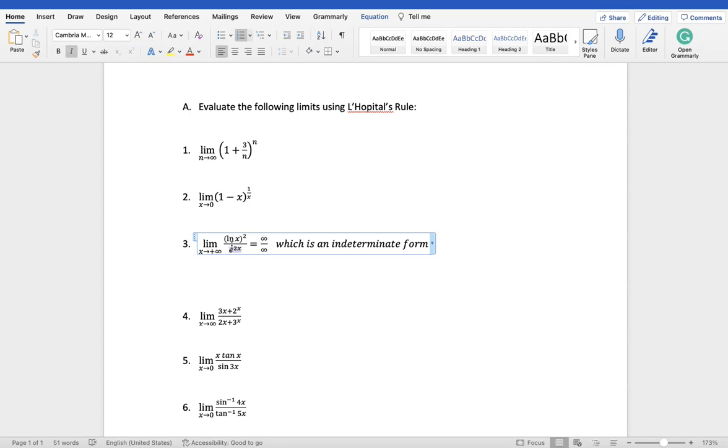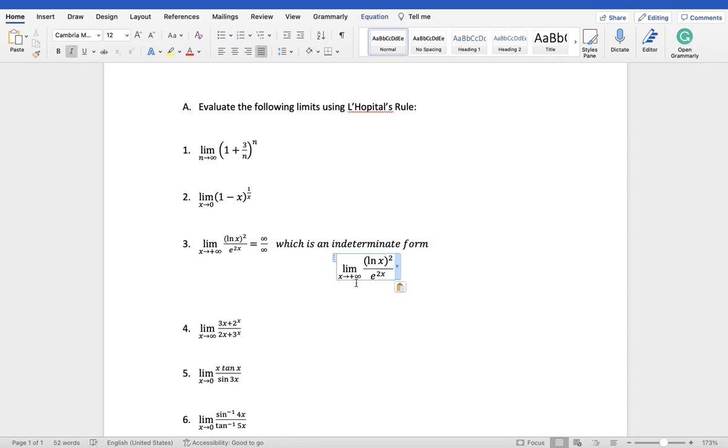So how do we apply L'Hopital's rule to this? Let's rewrite it. We have to take the derivative of the numerator divided by the derivative of the denominator, and then just take the limit of that, right? So let's calculate the derivative of (ln x) squared.